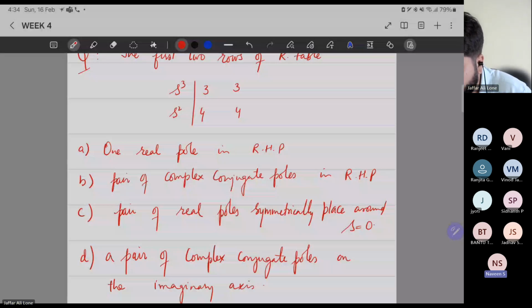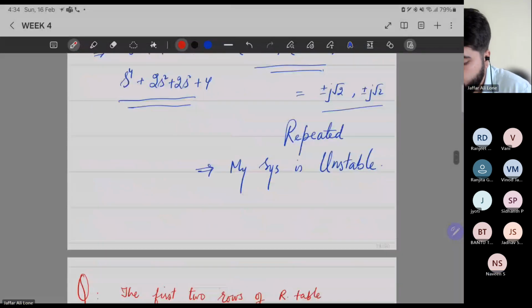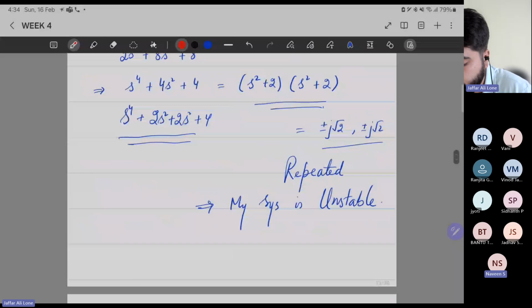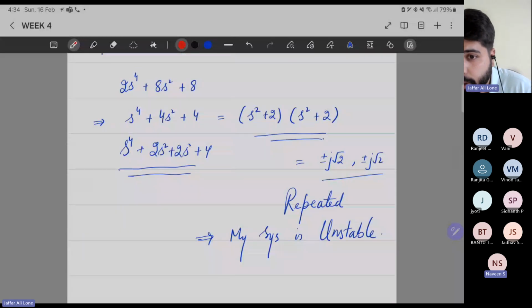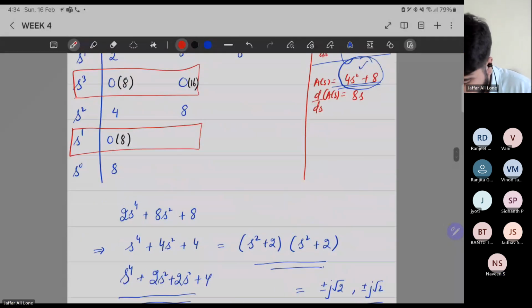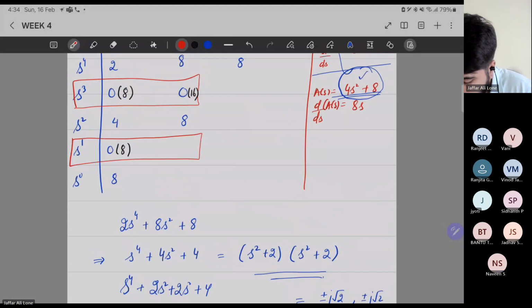Sir, in the previous problem, how did you get the last row? Last row 8. Okay, great. See, are you okay with this?